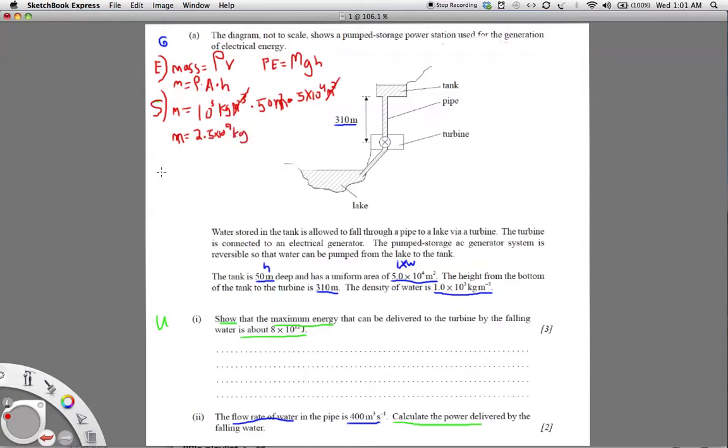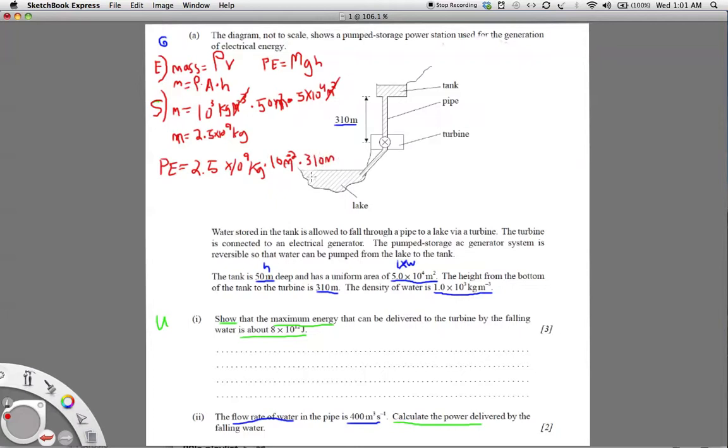Okay. Plug it into PE equals mgh. PE equals 2.5 times 10 to the 9th kilograms times 10 meters per second squared times 310 meters.